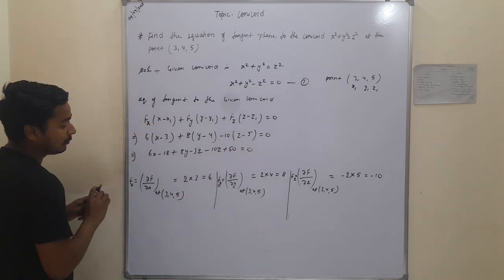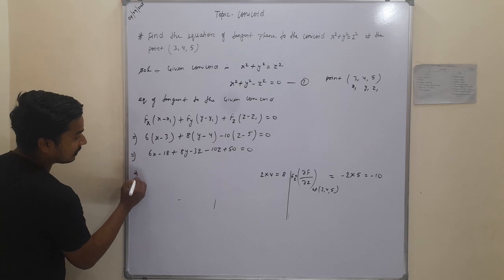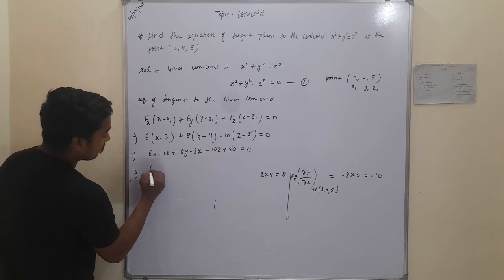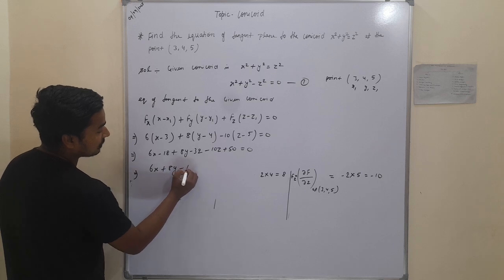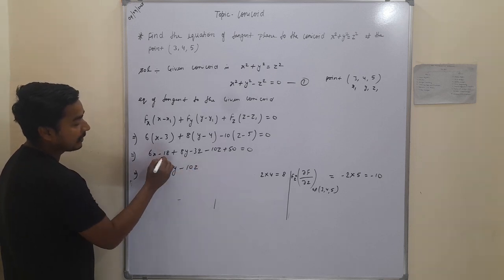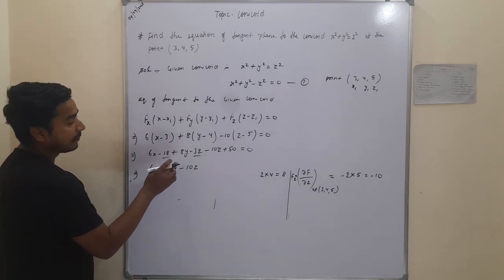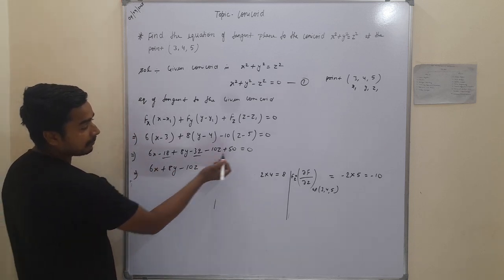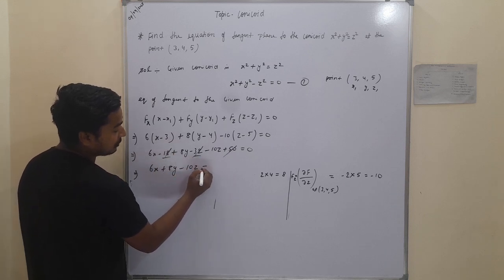Simplifying further, we get 6x plus 8y minus 10z, and here minus 18 and minus 32 plus 50. Minus 50 and plus 50 cancel out, and the remaining is equal to 0.